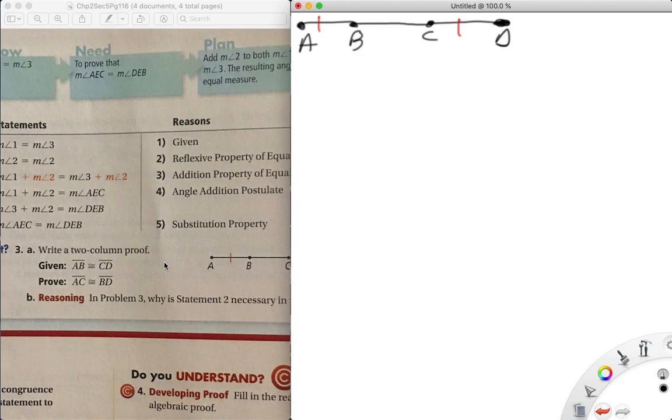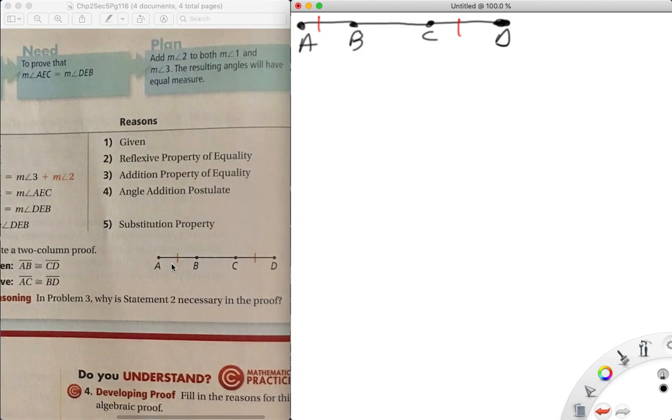They say that AB is congruent to CD, and they want us to prove that AC is congruent to BD.